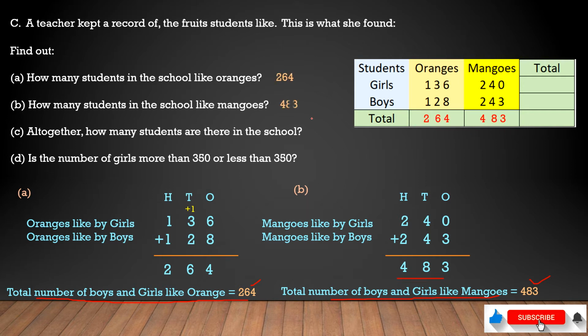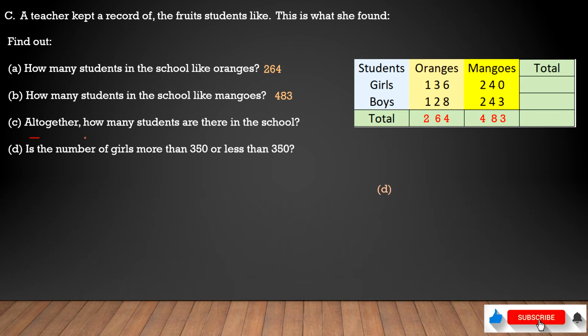So we know the answers to the first two questions, A and B. Let's move to C and D. Let's find the answers to C and D. Altogether, how many students are there in the school? Now here they are asking us to find altogether how many students are there in school.